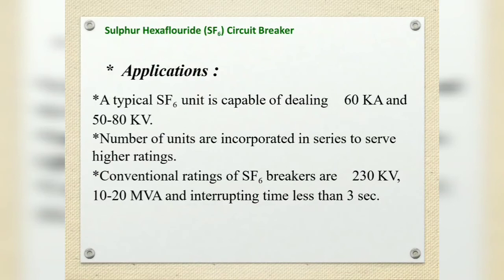So a number of units are incorporated in series to serve high ratings. The conventional ratings of SF6 breaker are 230 kilovolt, 10 to 20 mega volt ampere, and interrupting time less than 3 seconds.